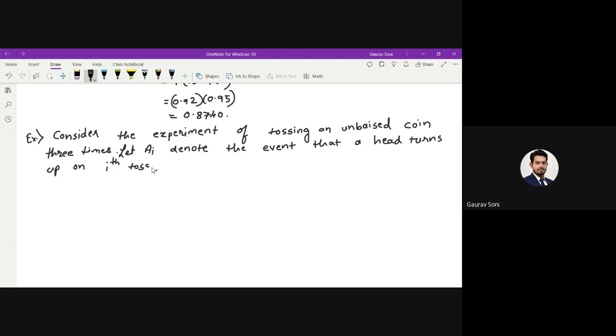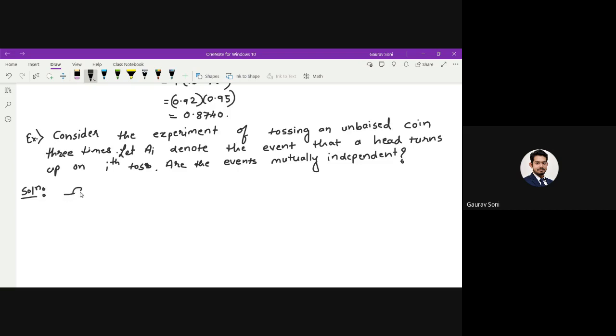Are the events mutually independent? Solution.